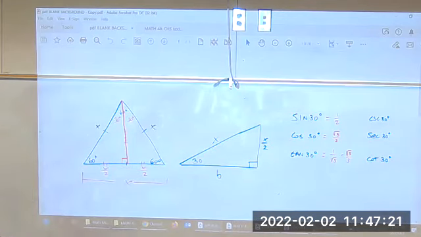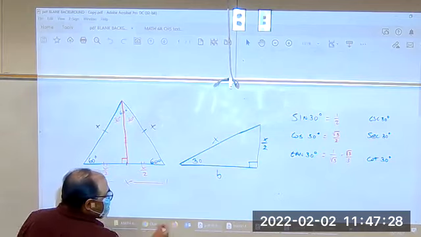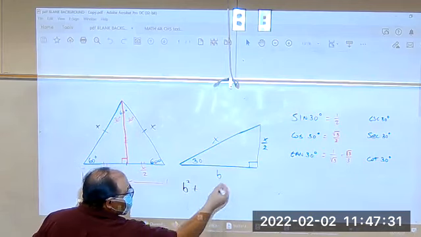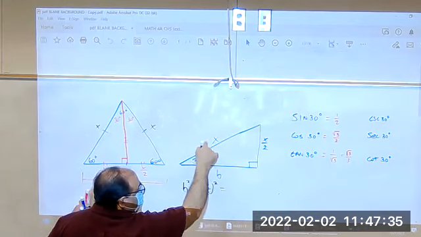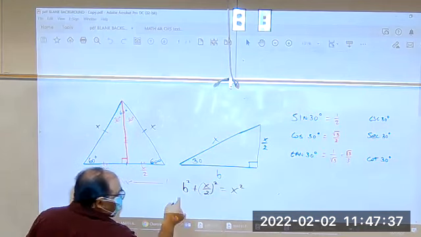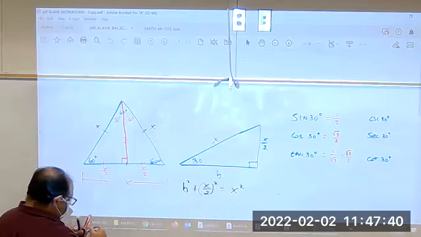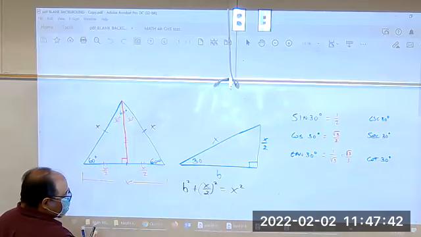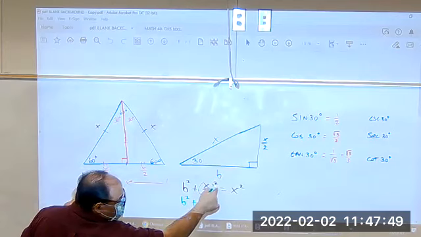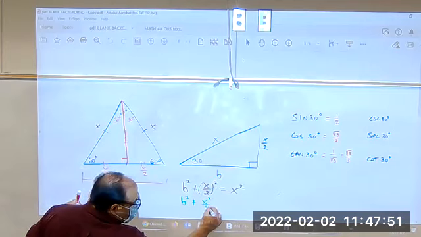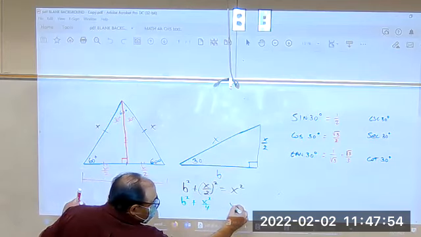Put on a squared plus b squared equals c squared. So B squared plus x over 2 squared equals x squared. Length squared plus length squared equals hypotenuse squared. So B squared plus x over 2, the whole thing squared, is x squared over 4, equals x squared.